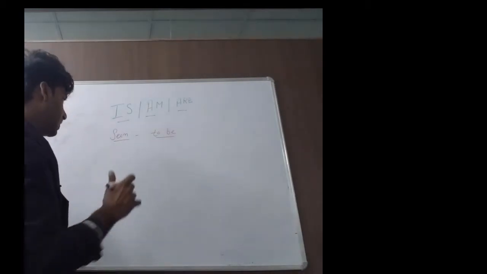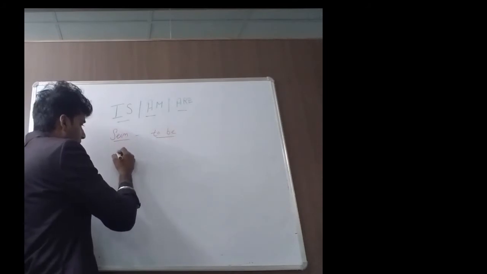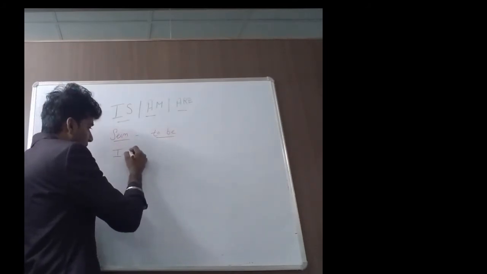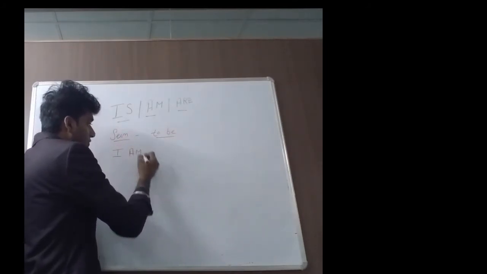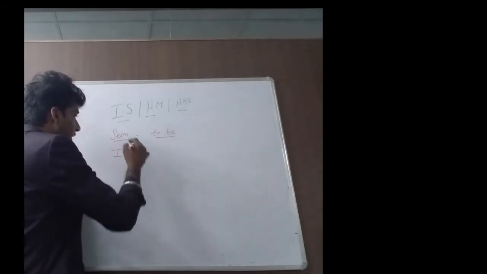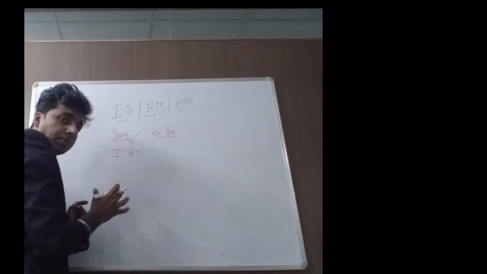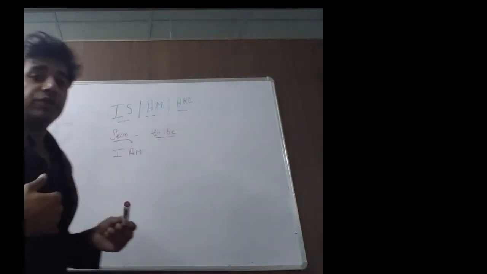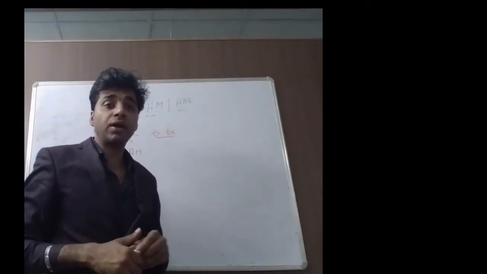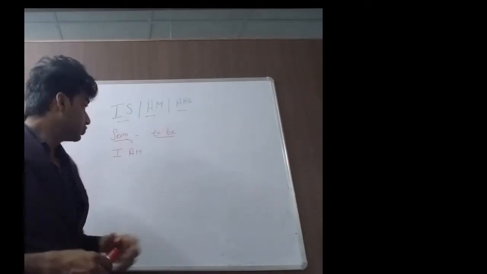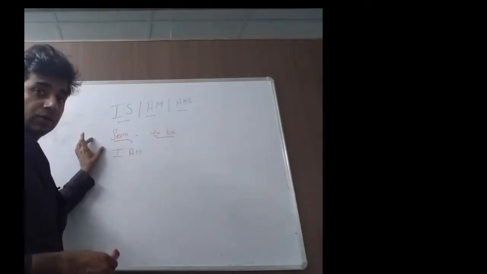Understand the point? Sein is the parent of is, am, are. Okay. For example, if I'm saying I am, so what I have to do is I have to break sein, because sein is the parent of is, am, are. The moment we create we are, you are, is, am, are, I am, she is. So we have to break sein. Okay.